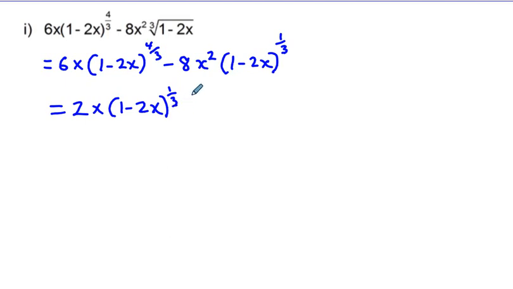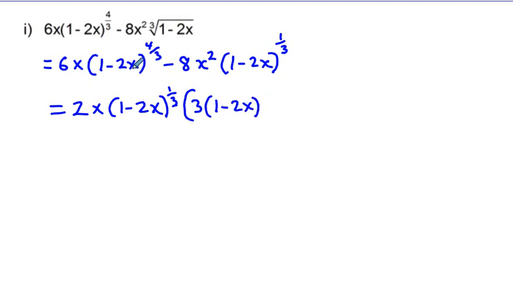Okay, and so what do we multiply this by? Well, what do you multiply by 2 to get 6? 3. What do you multiply x by to get x? 1. So we just leave that there. What do you multiply 1 minus 2x to the 1/3 power by to get 1 minus 2x to the 4/3 power? These are 1 apart. So we're just going to multiply this by 1 minus 2x.